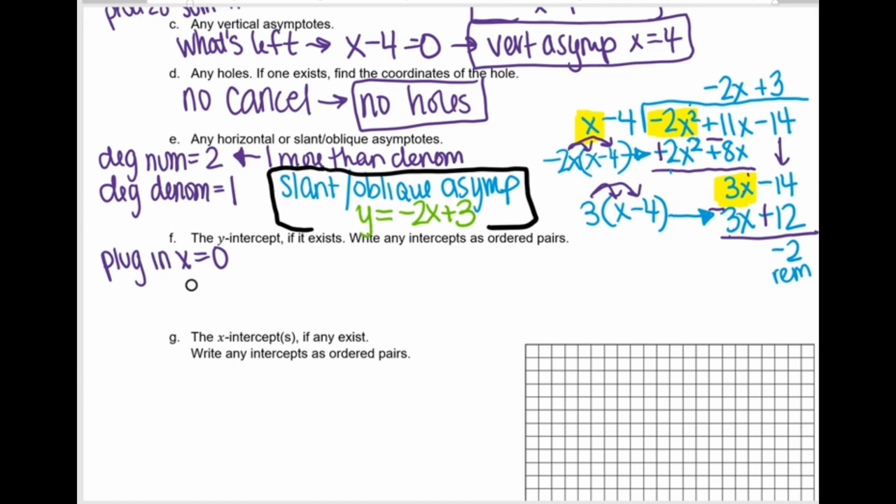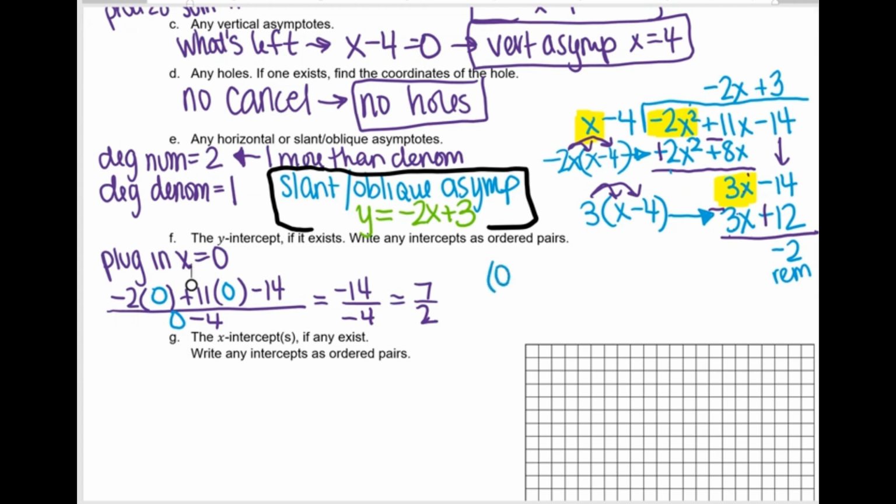If you plug it into the original, we would have negative 2 times 0 plus 11 times 0 minus 14 all over 0 minus 4, which gives us negative 14 all over negative 4, which reduces to 7 halves. So we just found our y-intercept to be 0, 7 halves.